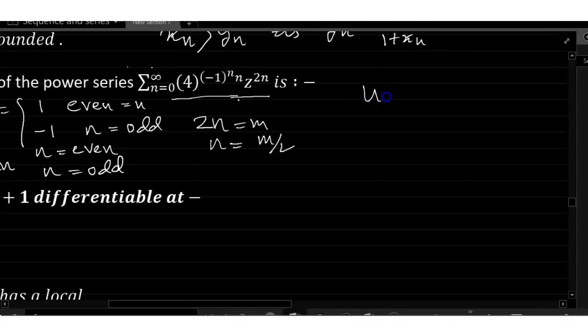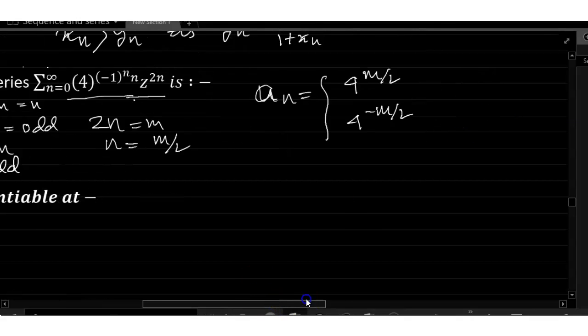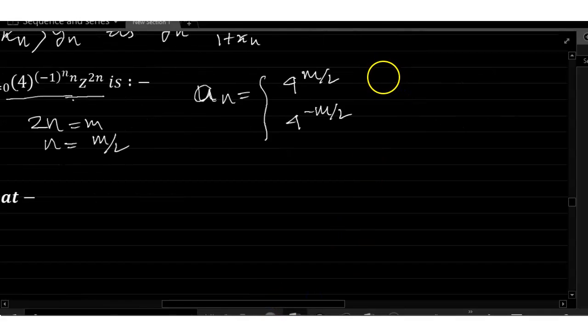So, sorry, not un, an equals 4 to the power m by 2 when m is even, and 4 to the power minus m by 2 when m is odd.